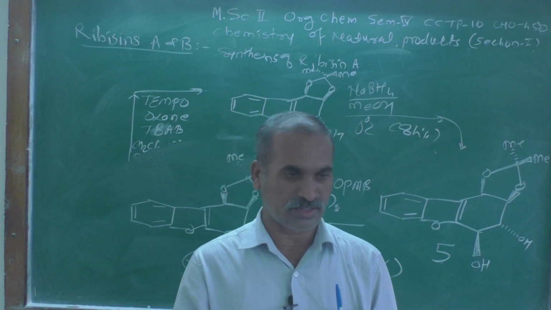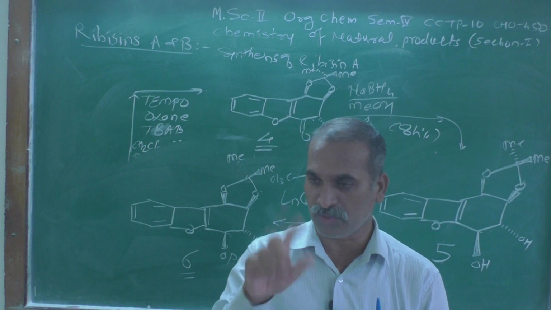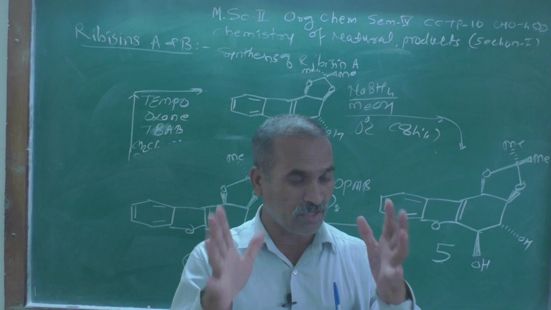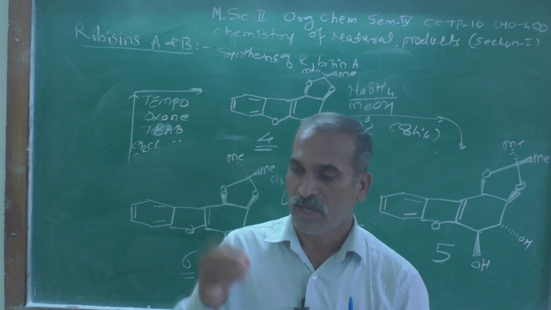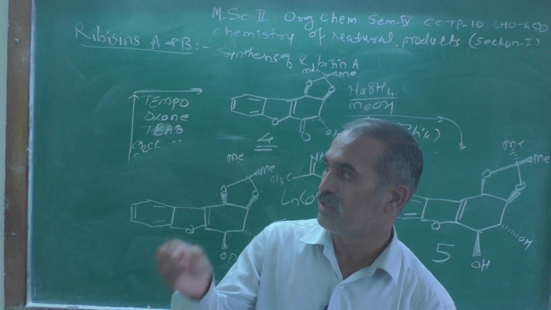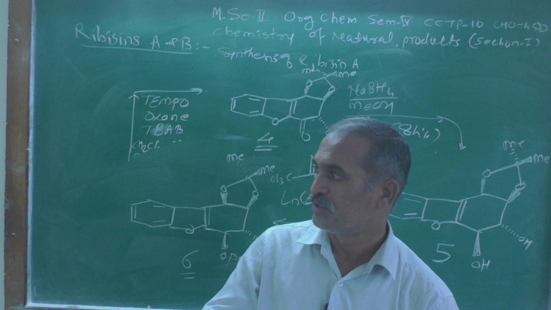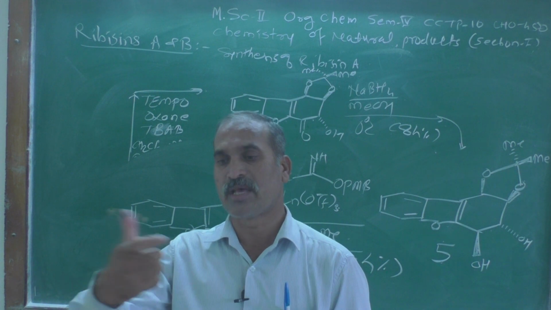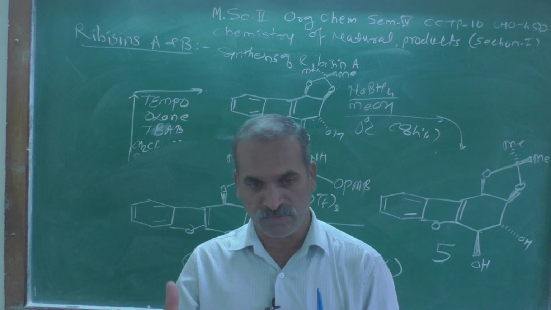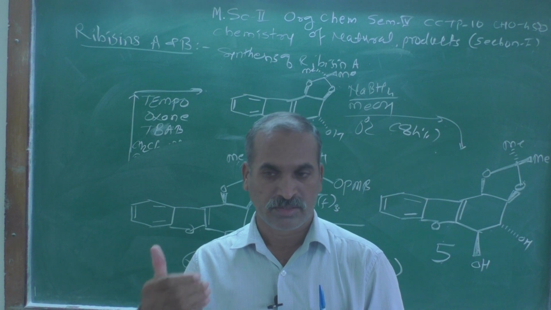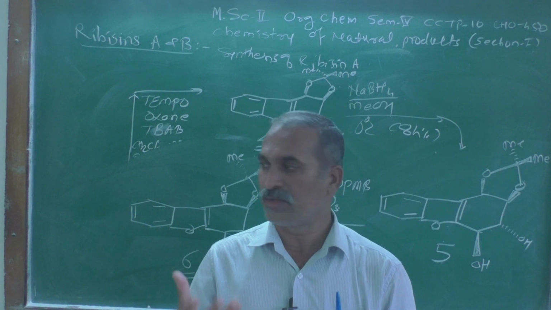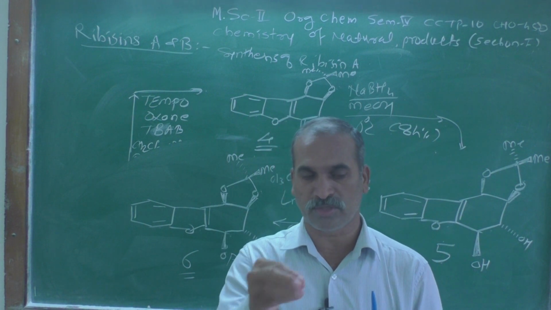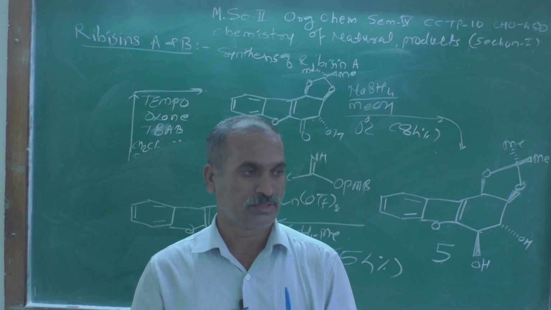we discussed why there is a need of protection: to decrease the reactivity of that particular functional group and add the specific reagent, and we will get the desired product, the expected product, according to that, and for that it is needed as a protection.